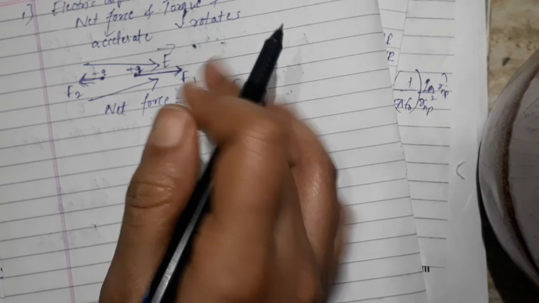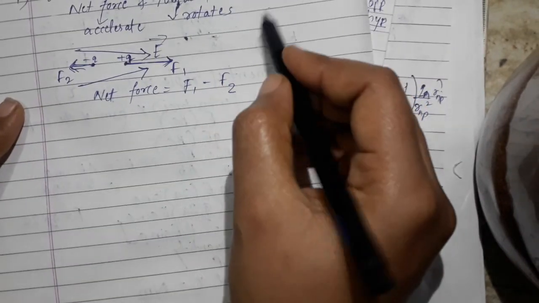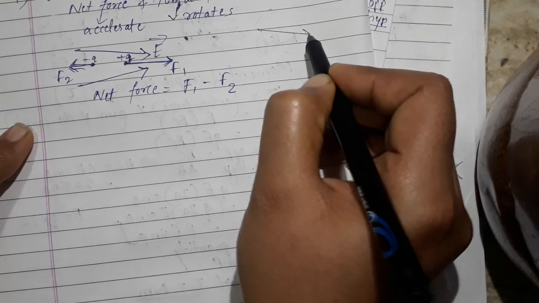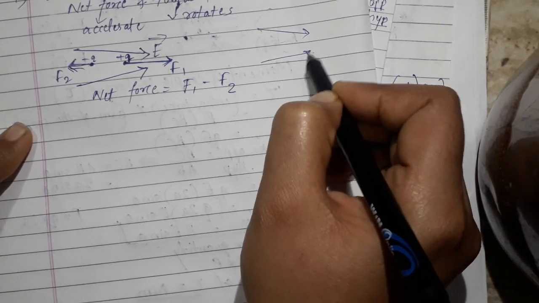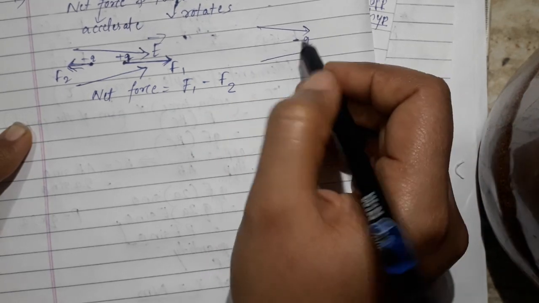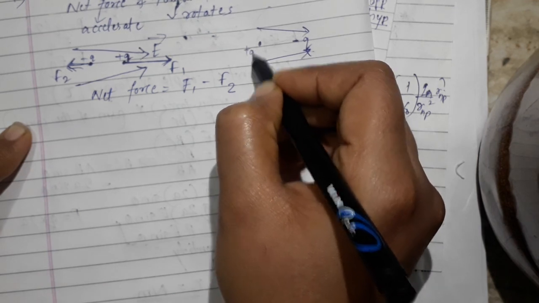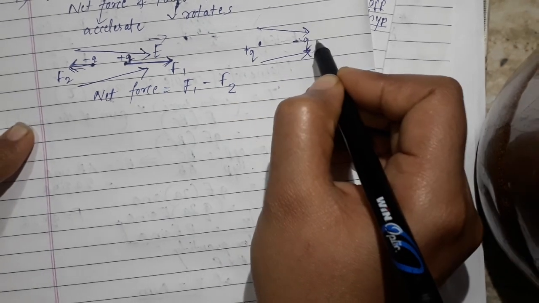Now if minus Q is placed in the denser, stronger region, same diagram but only the charge direction changes. Minus Q charge is placed here, and plus Q charge is in the weaker electric field.